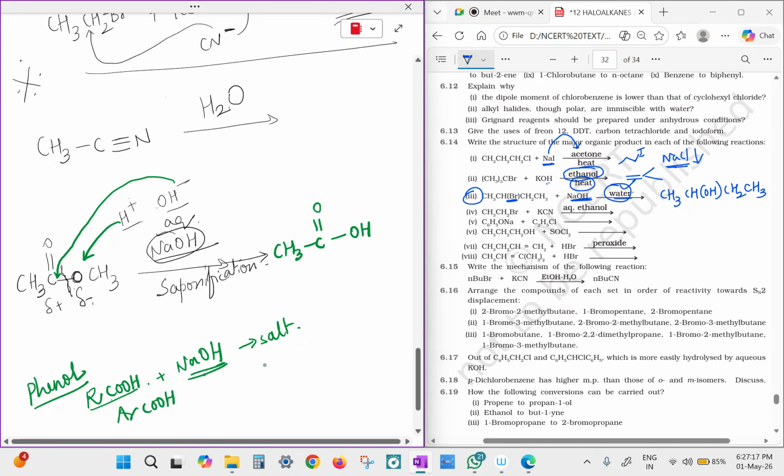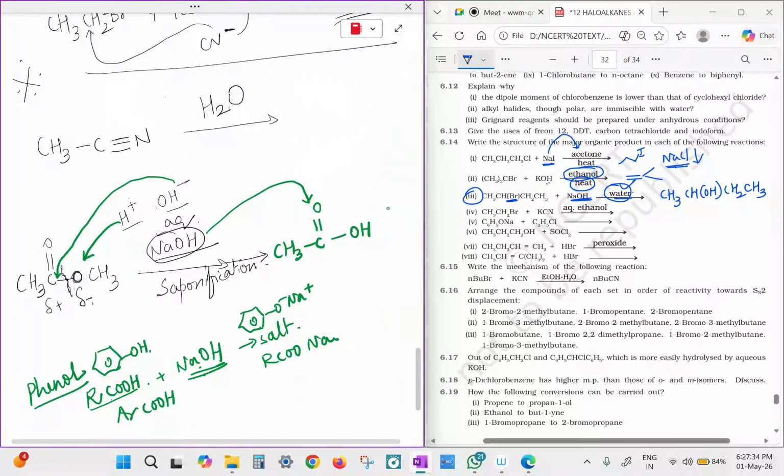RCOOH plus NaOH will give RCOONa. Phenol C6H5OH will react with NaOH to form C6H5O minus Na plus. Remember? So do you think the product formed will stay like this or will it become the salt? Salt, ma'am. So the product is O minus Na plus.